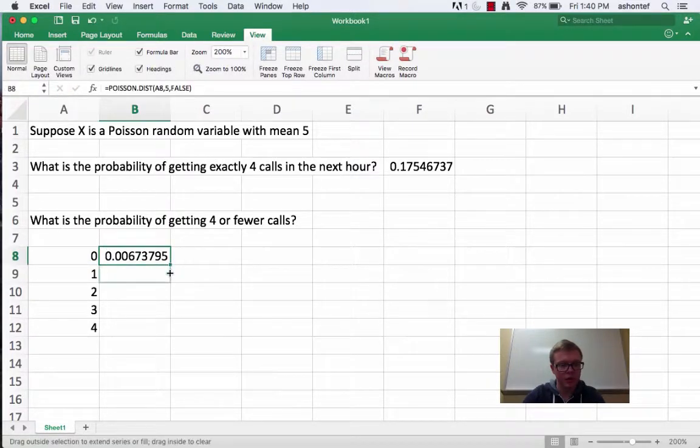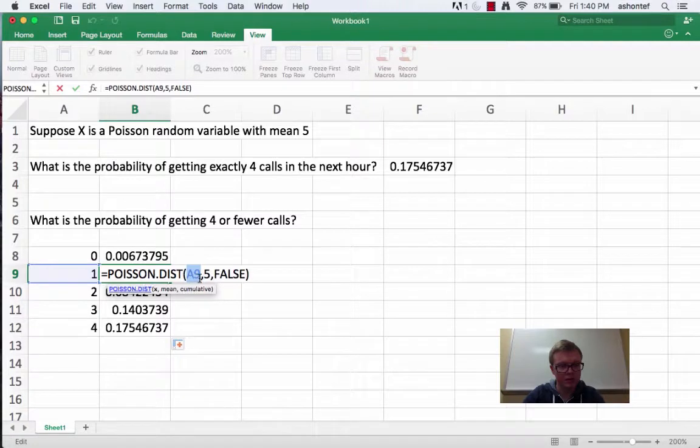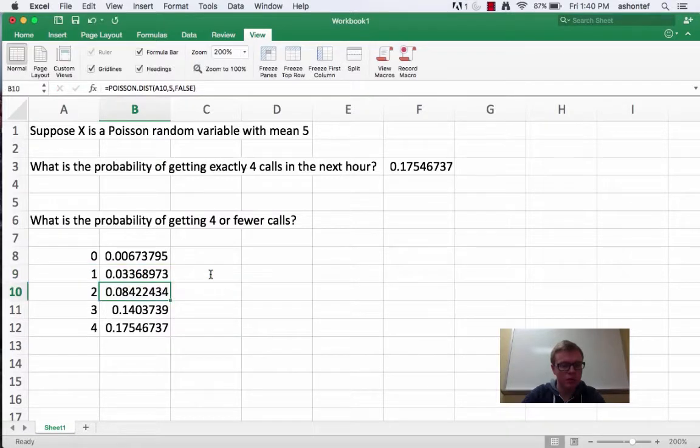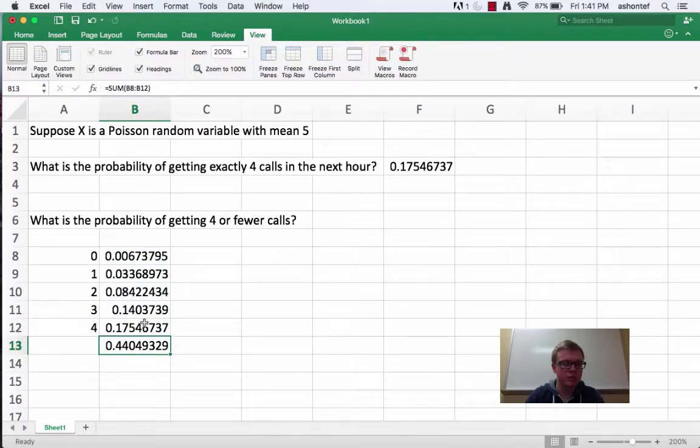Now if we drag this down the rest of the column, you can see that the cell reference changes as it goes down with the formula. Now we have the probabilities of 0 through 4, and you can use the sum formula to add those all together. This is one way to find the probability of getting 4 or fewer calls.